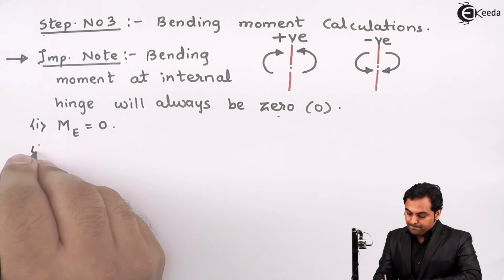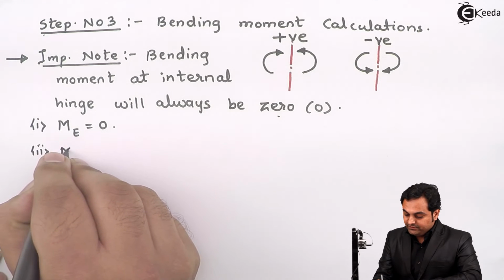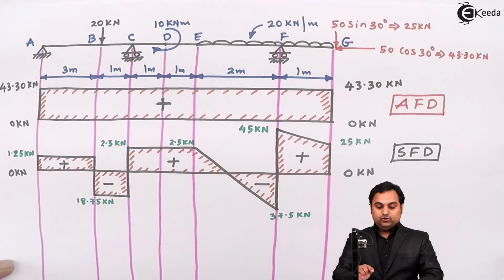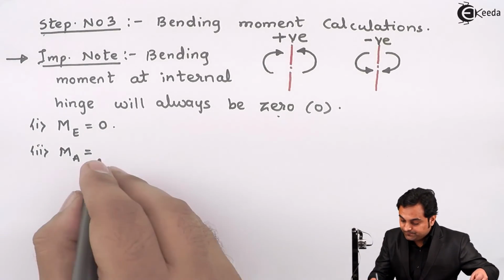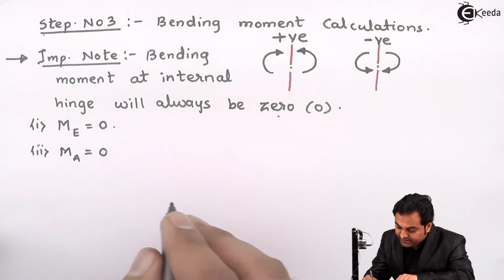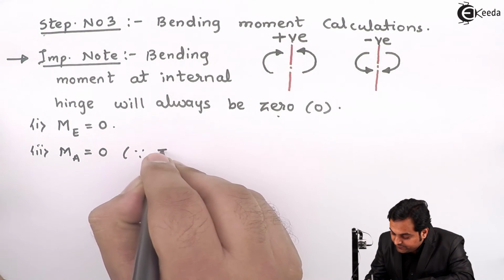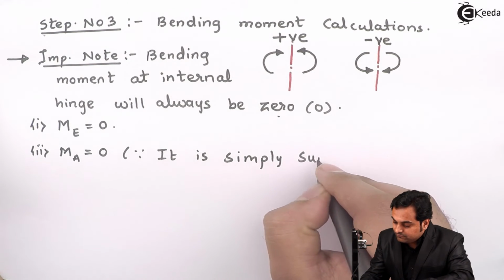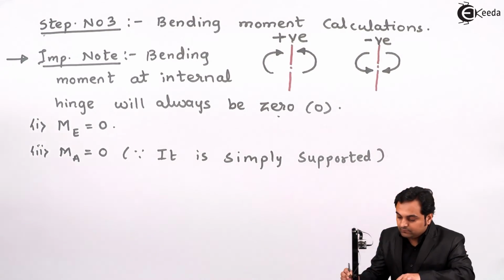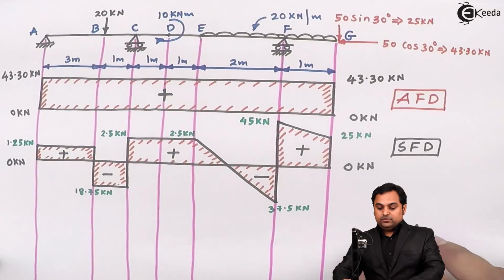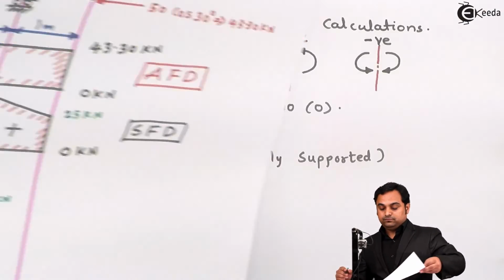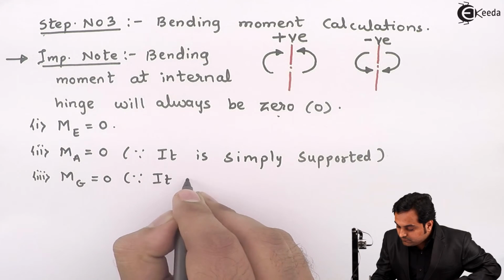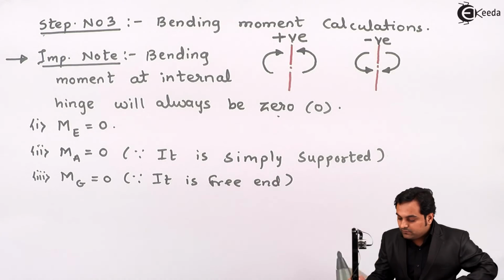Next, moment at point A, that is equal to 0 because it is hinge support, or I'll write down into the bracket that since it is simply supported, next, moment at point G will be 0. Since it is free end.